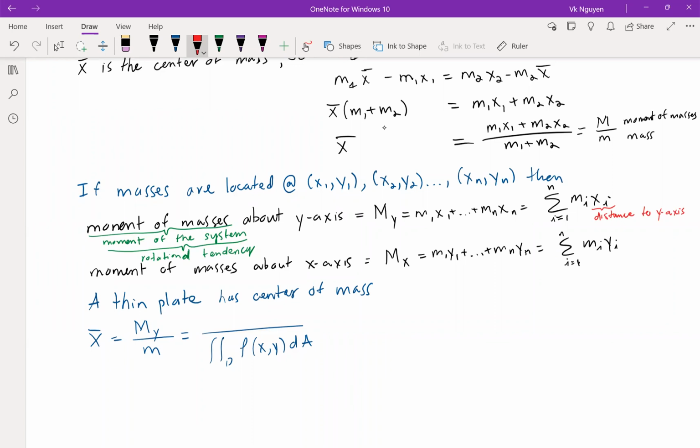Well, the distance to the y-axis is going to be x. So that's why you have a double integral over the region D of x times the density, rho x, y, dA.